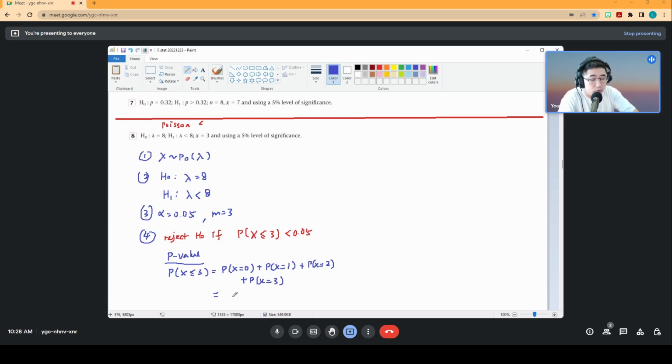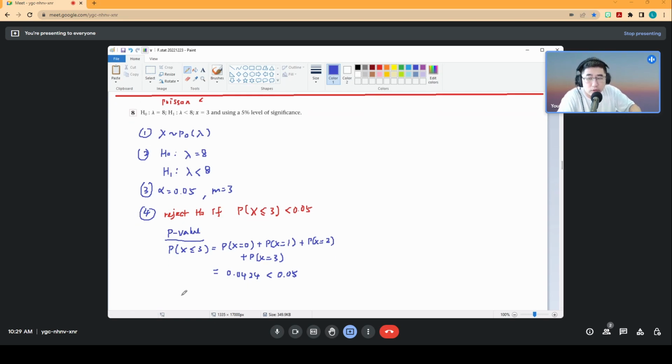Let's go to distribution modes, Poisson CD. Variable x is 3, your lambda is 8. So we have 0.0424. Of course, this is lesser than 0.05. Therefore, you are good to conclude that, okay, reject H0.